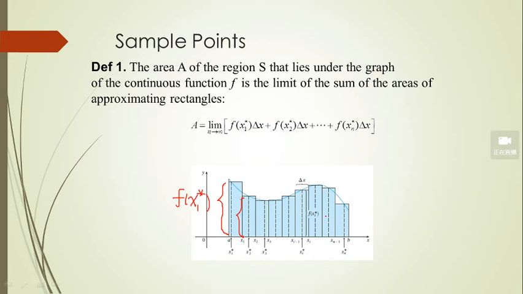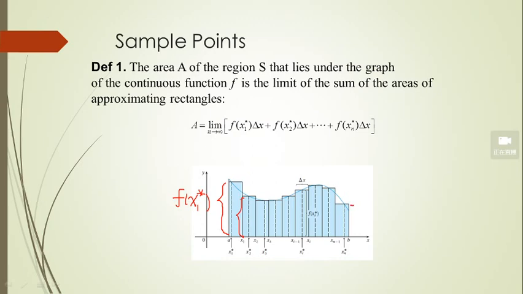Then that is the ith case, what we analyzed on the blank board, in the yellow color: f(xi star), the height for the ith rectangle, times delta x. So we freely choose xi star.